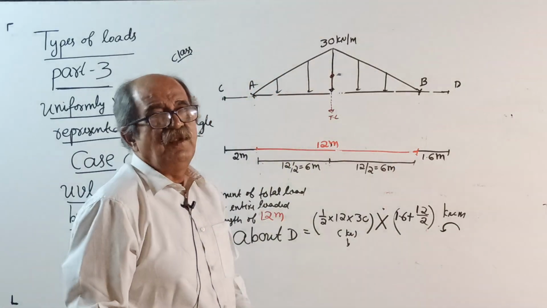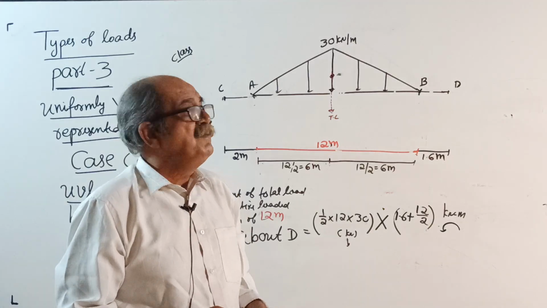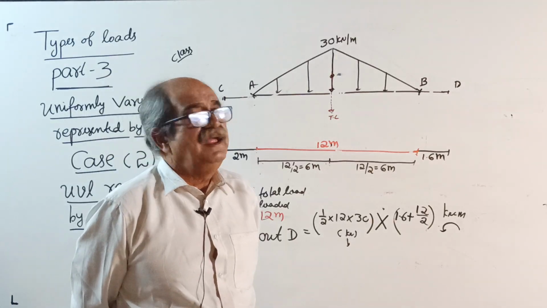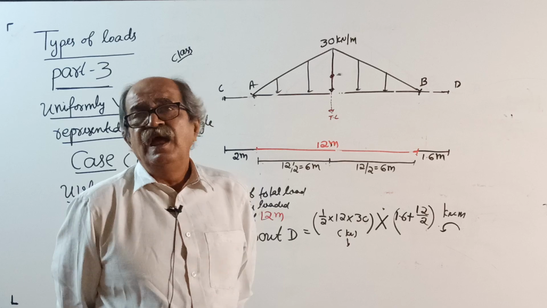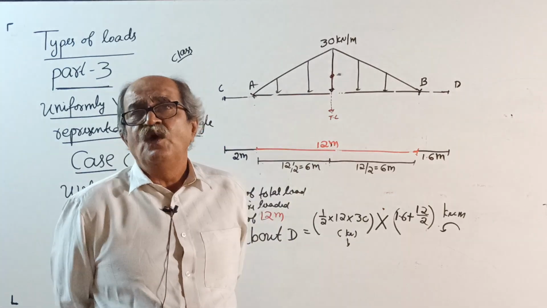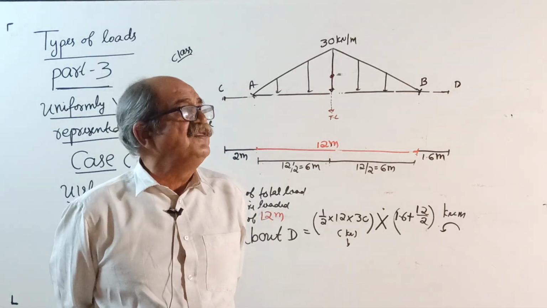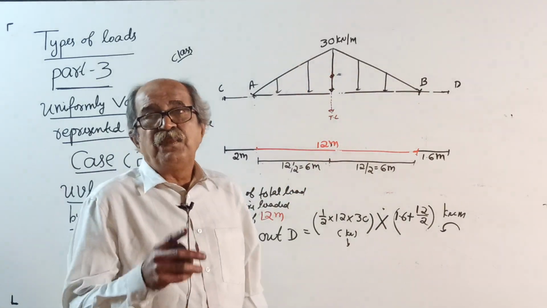Yes, this will complete. Intermediate point I will take up later. Remember, at that time I will take UDL, UVL by right angle triangle, UVL by isosceles triangle, and also general triangle. That class may run for more than 2 hours because a lot of importance is there. When you want somewhere in between, etc., problem comes.